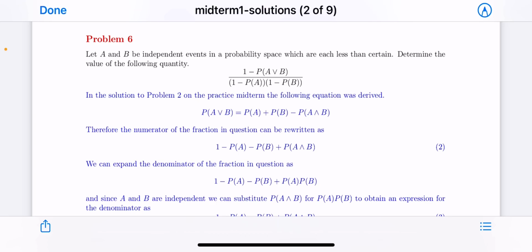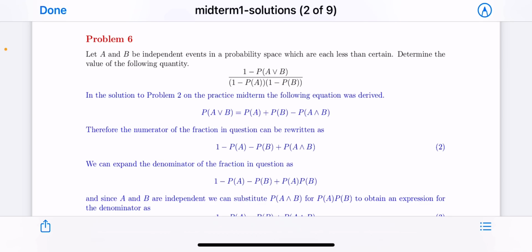So when we expand the denominator, we get this probability of A times probability of B. And now we're like, yes, good. I have conjunction and I have product. And these things are exactly what's supposed to be related by the definition of independence.